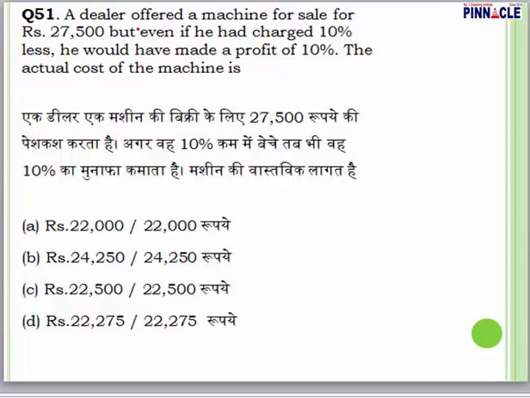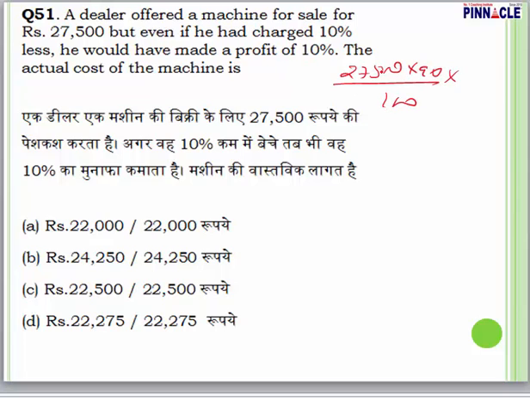27,500 is the offered price for sale, but even if we had charged 10% less, it means 27,500 minus 10%, or in other words 90 by 100, then he would have made a profit of 110.